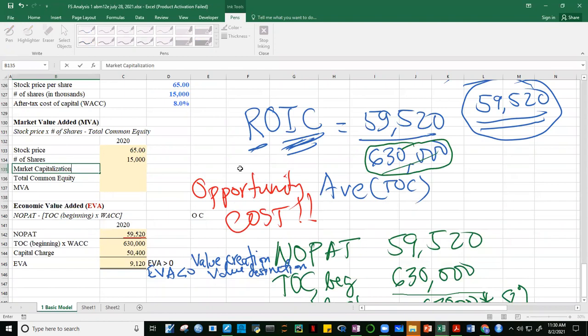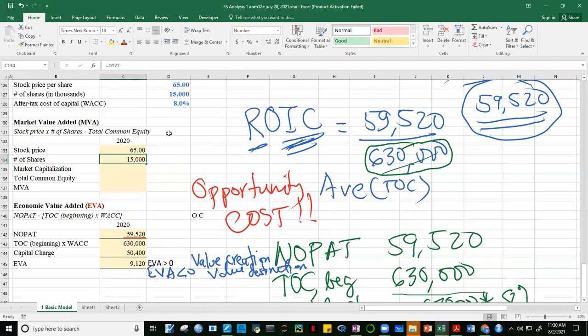The market capitalization is simply product lang nito. Magkano ba per share? Tapos ilang shares? So we have a market capitalization of 975.